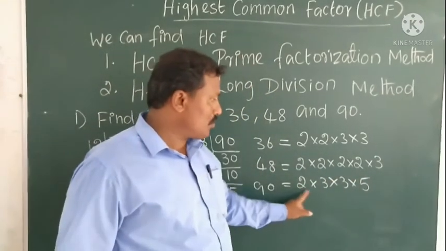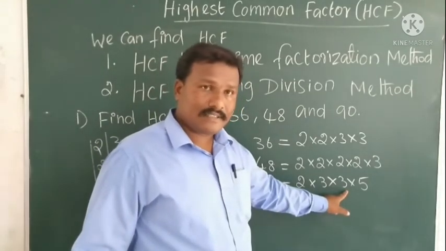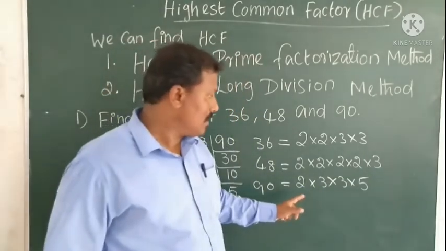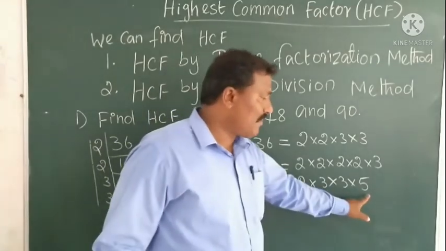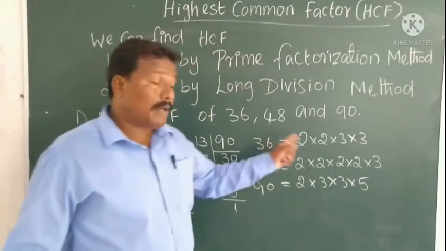Okay. So 2 3s are 6, 6 3s are 18, 18 5s are 90. See, all the factors are prime numbers.